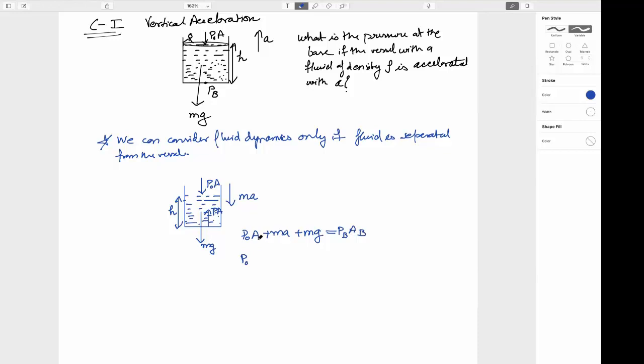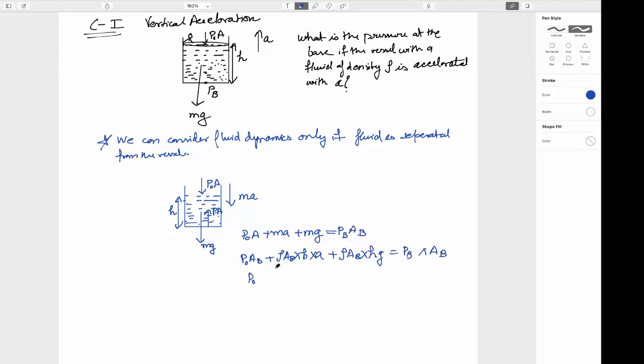So P naught A, and the mass is rho A into H, so rho A H into a plus rho AB into H into g is equal to PB into AB.